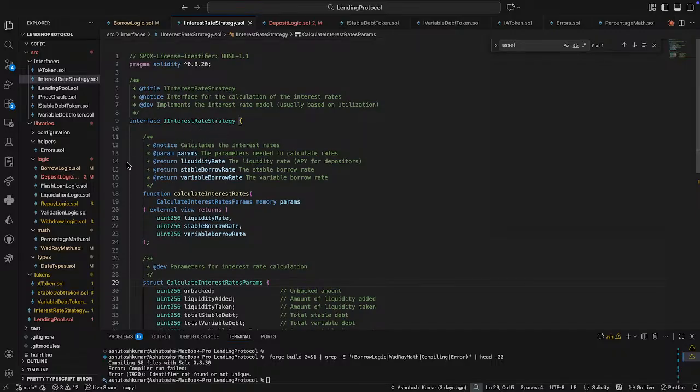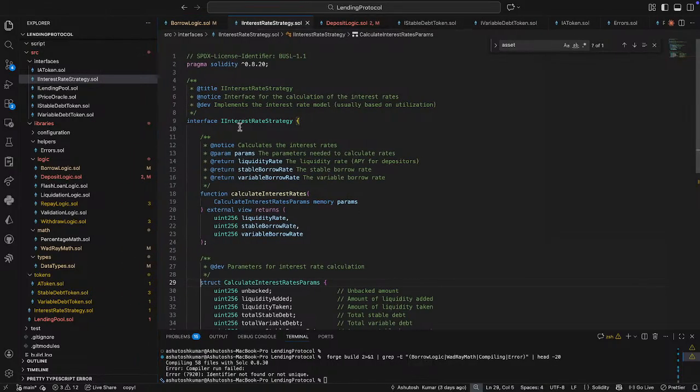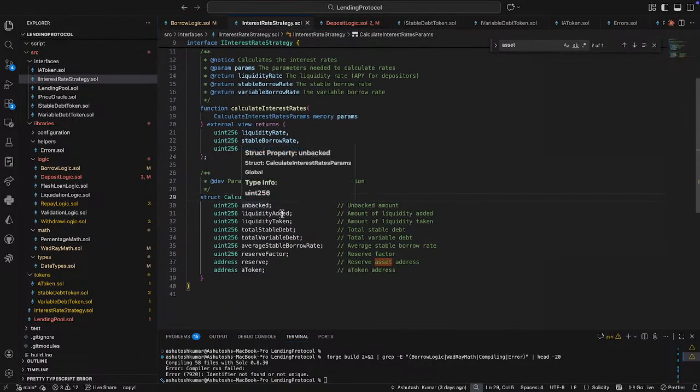Interface is I interest rate strategy, and there isn't anything like this struct.